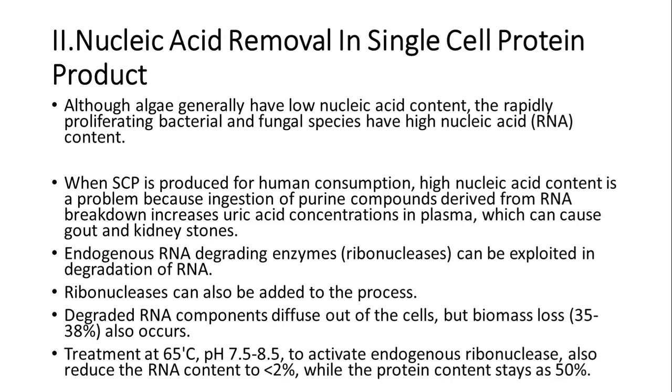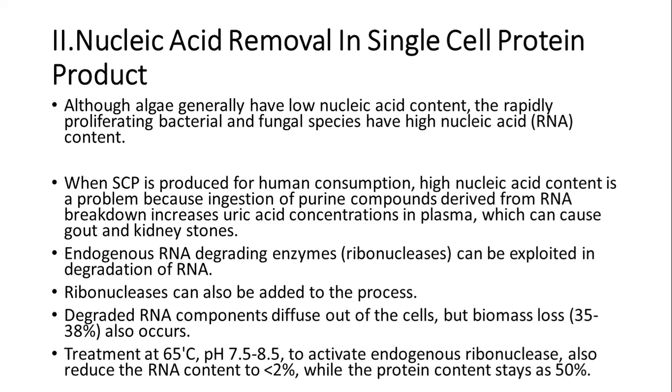Removal of nucleic acid in SCP product. There is a question: why remove nucleic acid from SCP product? Because when SCP is produced for human consumption, it contains high nucleic acid, which is a problem. Intake of purine compounds derived from RNA breakdown increases the concentration of uric acid in plasma, which can cause kidney stones and gout disease.